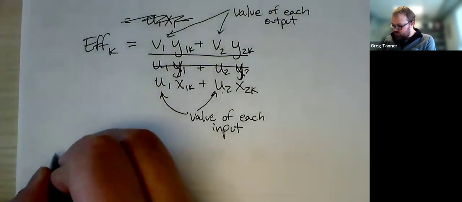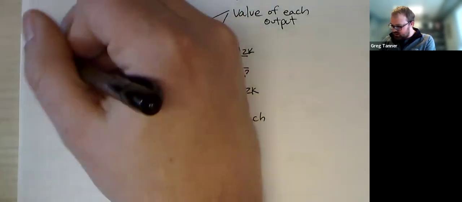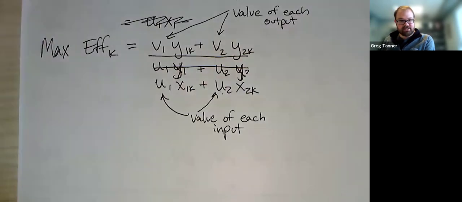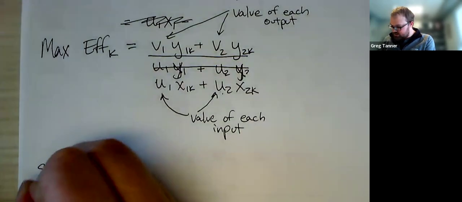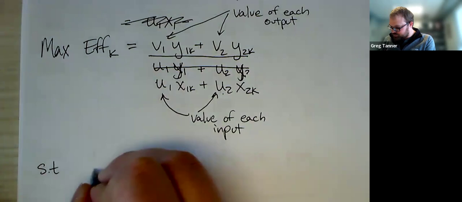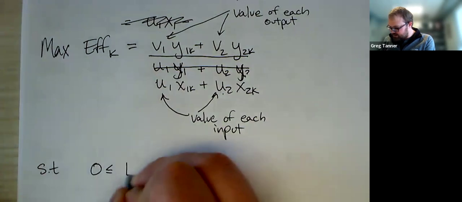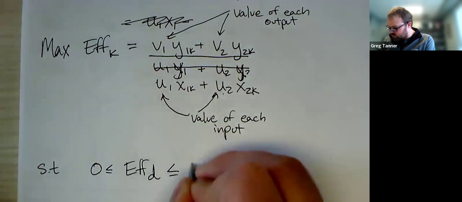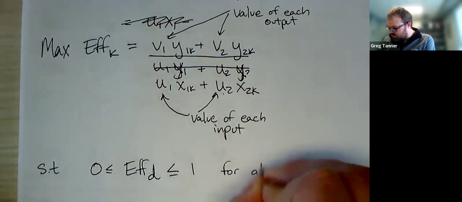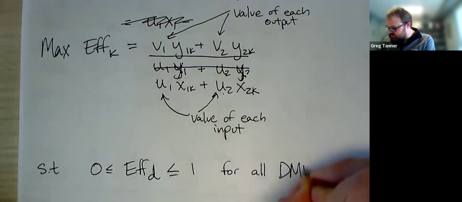So we want to essentially maximize that efficiency such that 0 is less than the efficiency of D is less than or equal to 1 for all DMUs D.